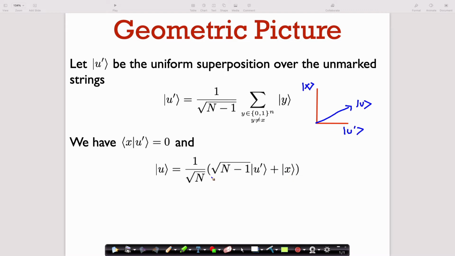So this state is just the sum over all y in 0, 1 to the n, ket y, including x, and then I renormalize it, so I divide by square root of n. That's how we can write the uniform superposition in terms of our unit vectors labeling our axes here.